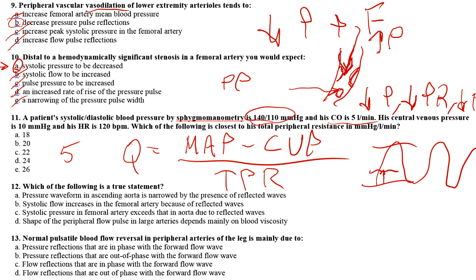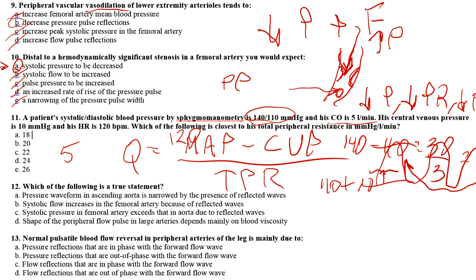That's an estimate of it. So 140 minus 110 equals 30. And 1/3 of 30 is 10. So we would add 10 back to our diastolic. So we'd have 110 plus 10, which is 120. So we'd put in 120 for mean arterial pressure.